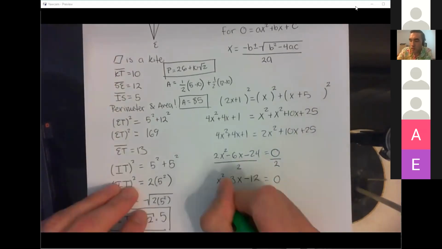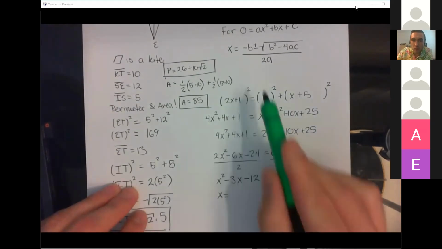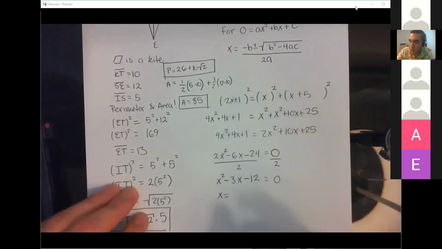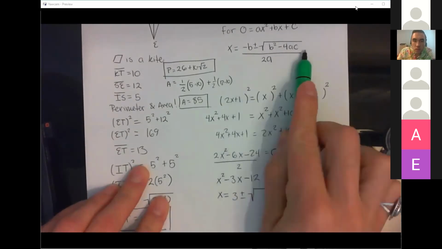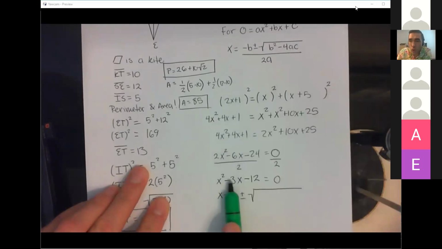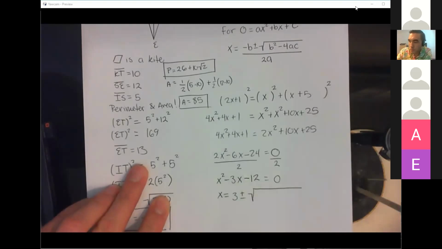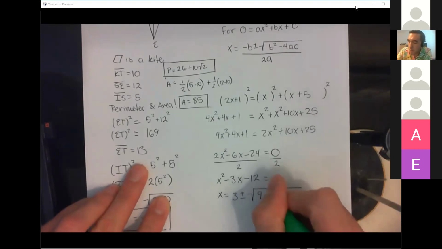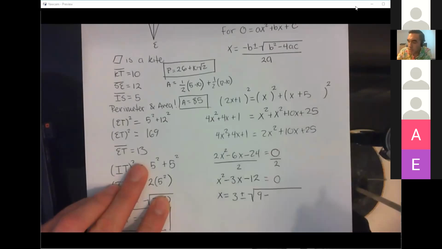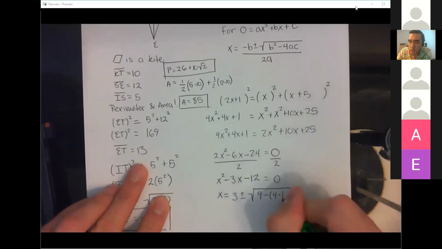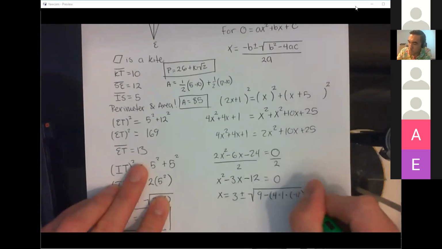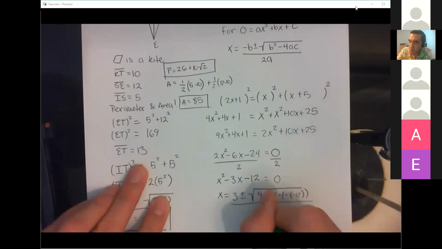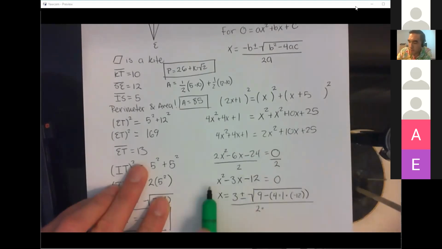So this is to say x is going to be equal to negative b, which is negative negative 3, so 3, plus or minus the square root of b squared minus 4ac. So b here is negative 3. What's negative 3 squared? 9. 9 minus 4ac, so it's going to be minus 4 times a, which is 1, times c, which is negative 12, all divided by 2 times a, which again, 2a is 2.